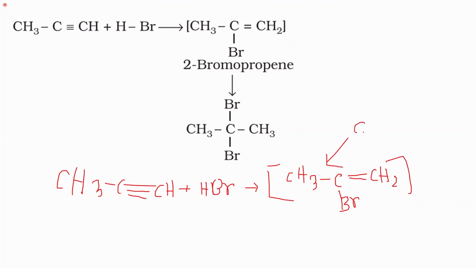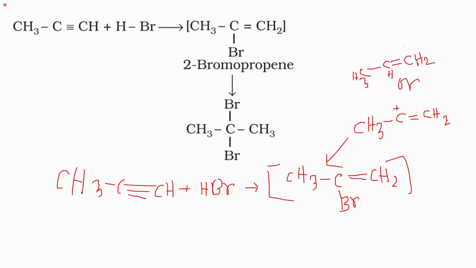It will follow Markovnikov. How? First let's say H plus will go and add to either of the carbons. So there is a possibility of one positive charge here, double bond, then CH2, or another positive charge: hydrogen will add to the middle carbon, that is CH, then double bond, and then CH2 plus.